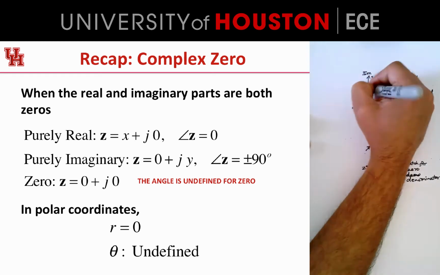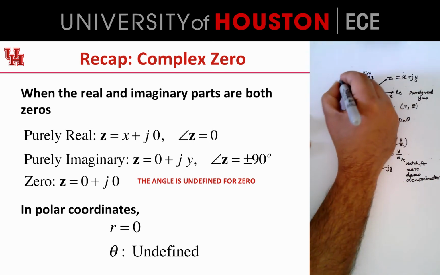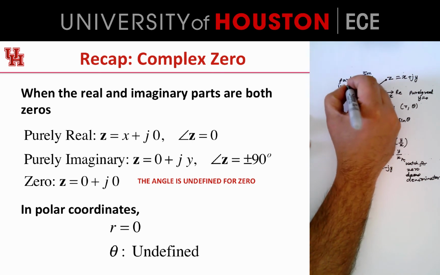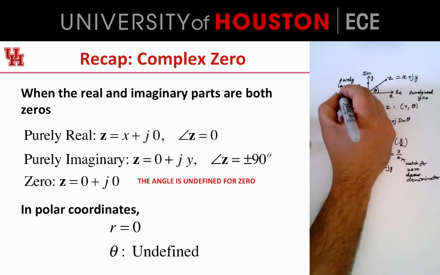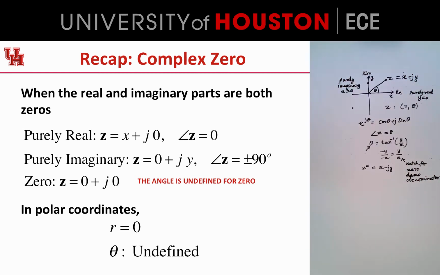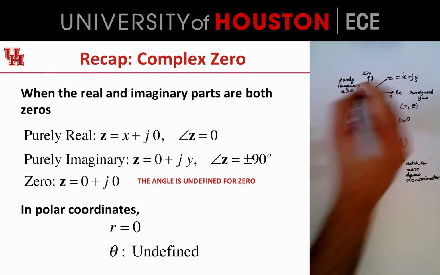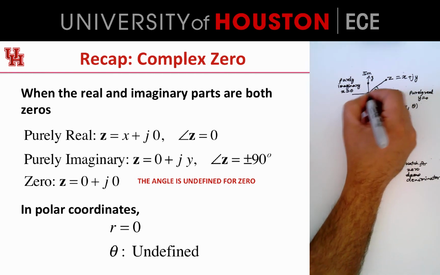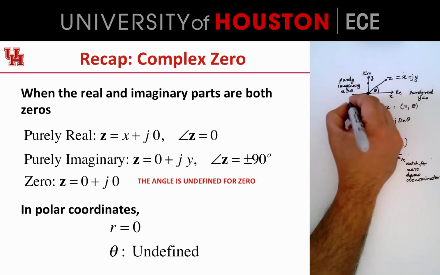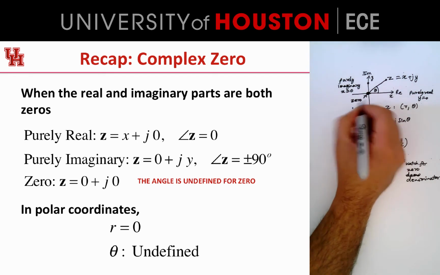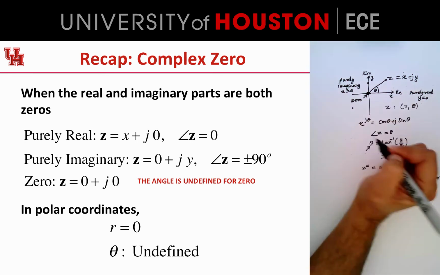Now, a point that lies along the y-axis is said to be purely imaginary, and correspondingly, x is zero for such numbers. Finally, if you have a number that's right in the middle of all this, which is the zero, then it has x equals 0 and y equals 0.